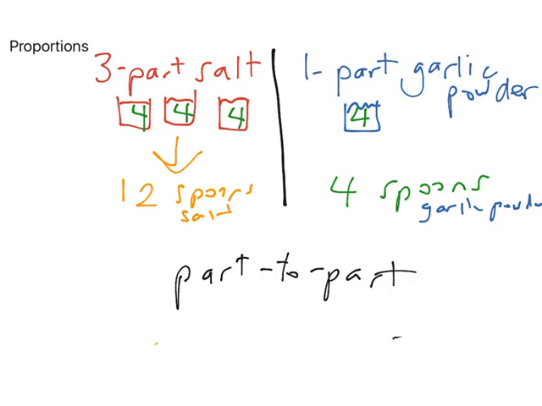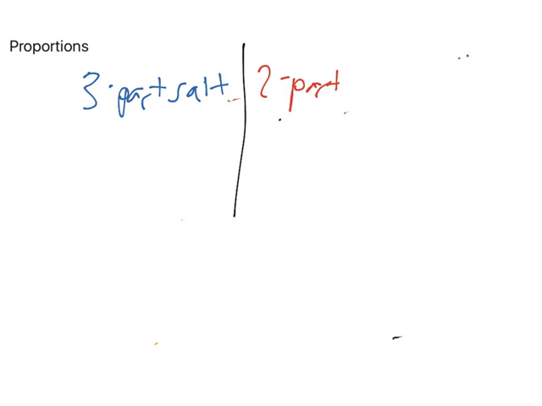Here's another example. Let's say the recipe calls for 3 parts salt to 2 parts sugar. That's the recipe. 3 parts salt to 2 parts sugar.